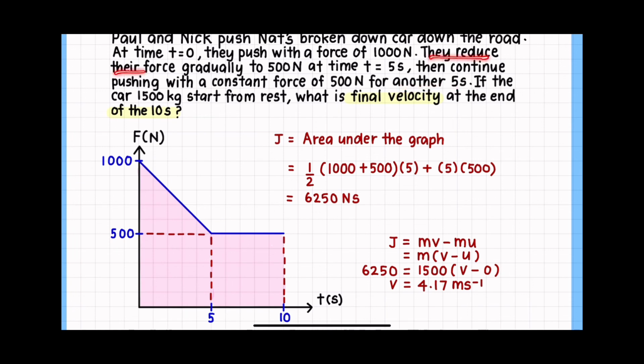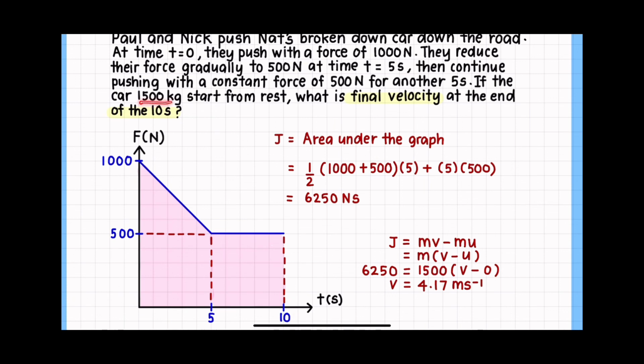They reduce the force gradually to 500 Newton at the time t equal to 5 second. Okay, reduce during 5 second and then continue pushing with a constant force. Constant lah, 500 dia kekal selama lagi 5 second. So we get 10 seconds totally dia tolak kereta tu.